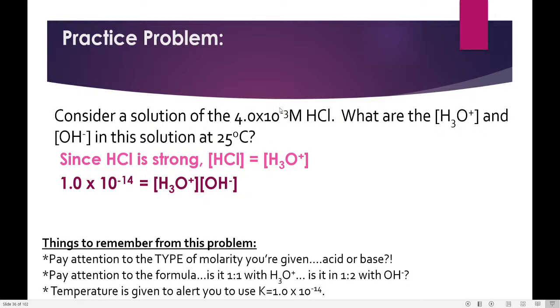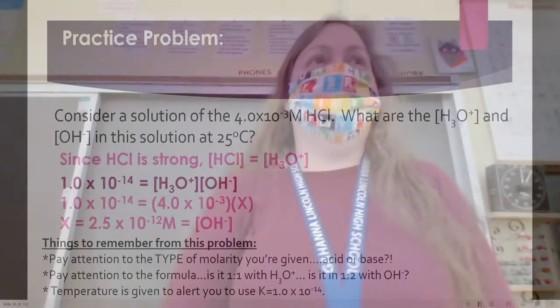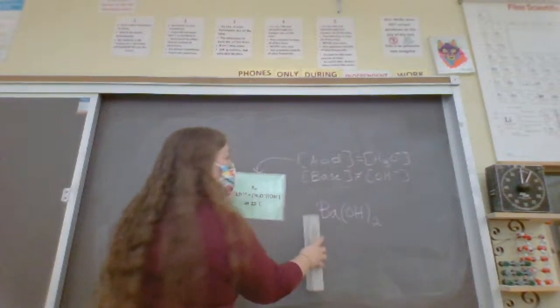So can I just take its concentration and plug it in right here? That's all we're doing. So when we plug that in, we just solve for the missing variable. That will be hydroxide. Okay, if it wants the hydronium concentration, this is the hydronium concentration right here. How do you feel? Slightly tricked. Okay. Let's try again.